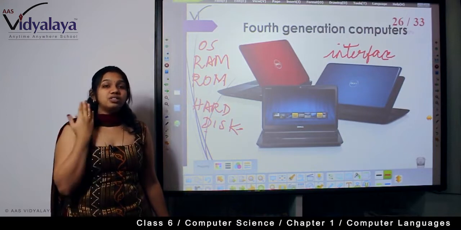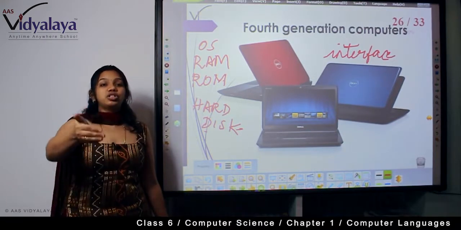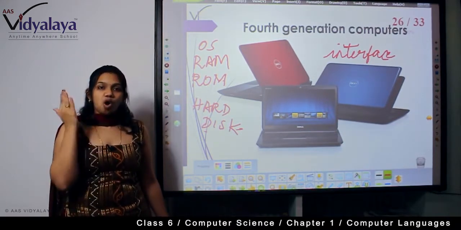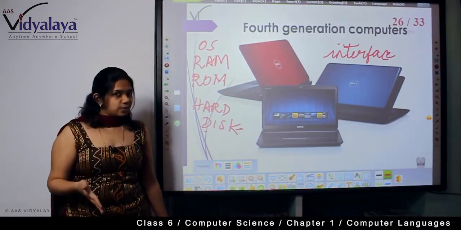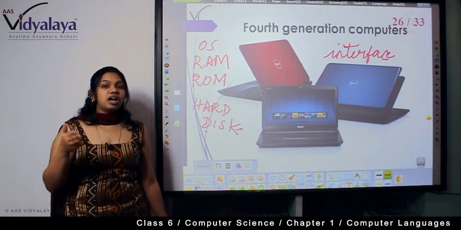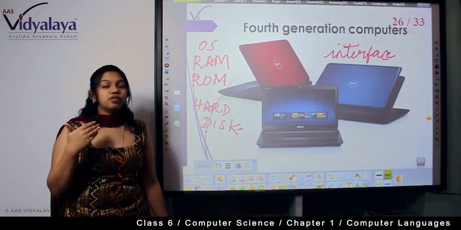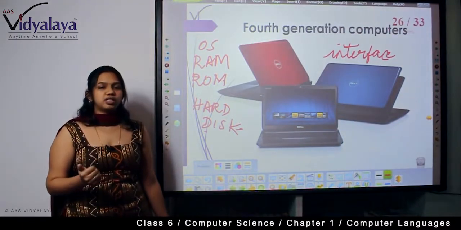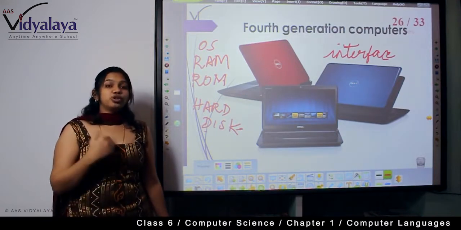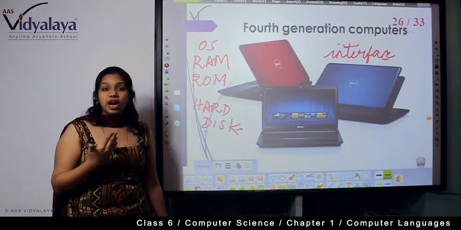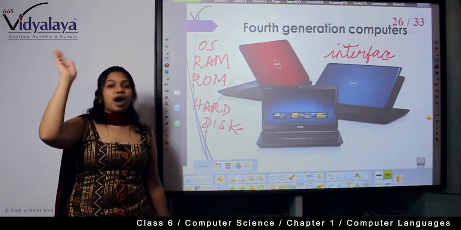So all these do not need a connection between the computer and you. All it needs is translation of your gesture to the computer. That's why these are called an interface when you talk about an operating system. So all your smartphones have an interface right now. You can use patterns, you can use swipes, you can move up, move down.